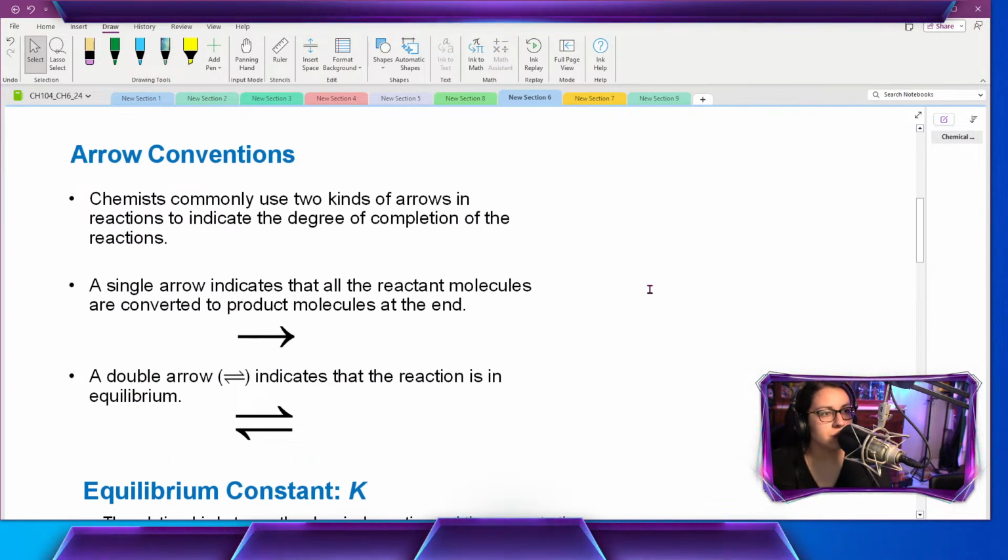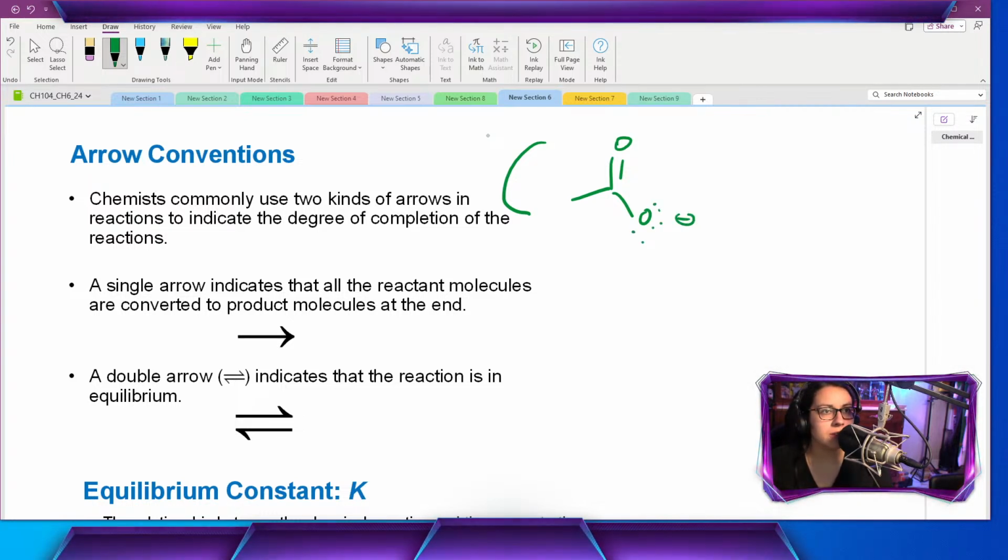And so this is just a quick recap on our arrows. Let's do another one. And I don't remember how much we've talked about this, but we also have what's called our resonance arrows. And so this is from moving electrons around.